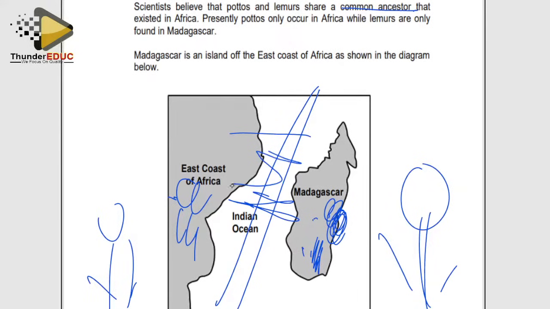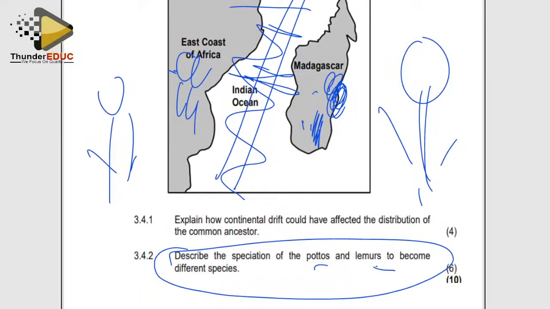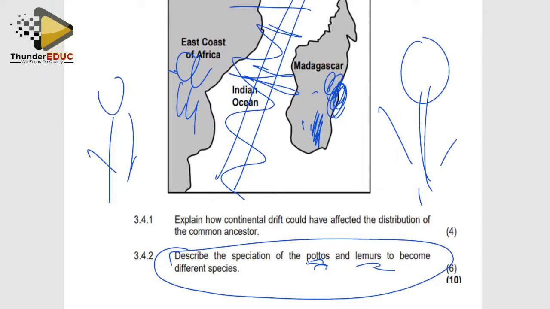And then when you remove this barrier and you let them mix, they cannot interbreed. Don't stop there. They cannot interbreed to produce a fertile offspring. Therefore, they formed new species of potos and lemurs. So you have to mention the species they have asked you to form. You understand? Then they form new species of potos and lemurs.